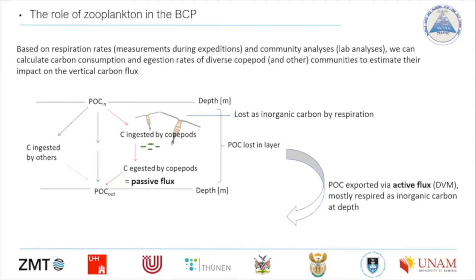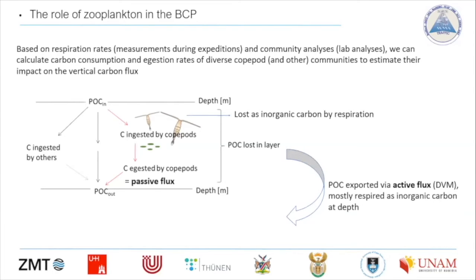This is then ingested by a certain copepod species or community, which then digests a certain part of this carbon, and this can then potentially sink out of this layer into the layer below. A certain part is then lost as inorganic carbon by the respiration, and of course by the secondary production.